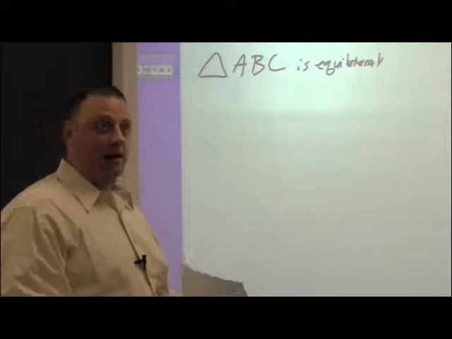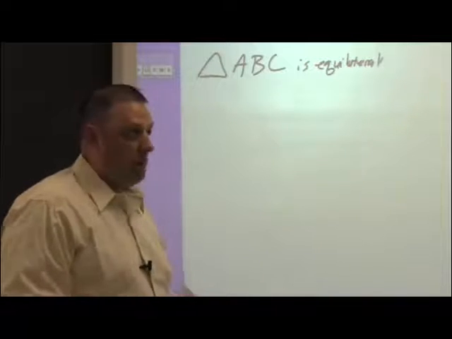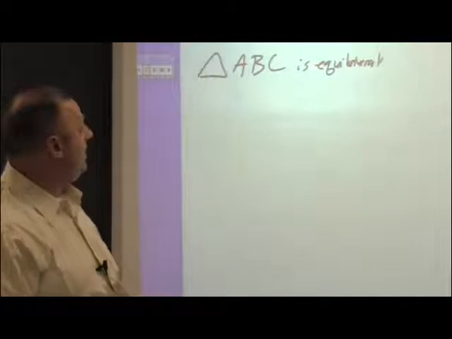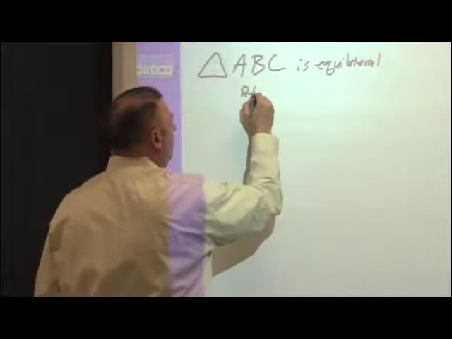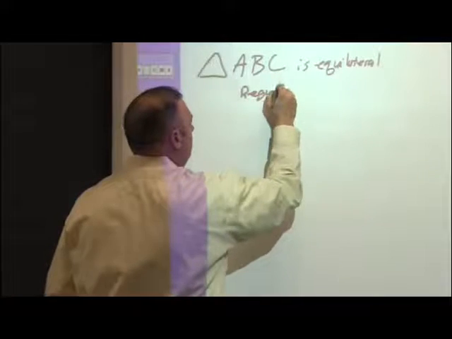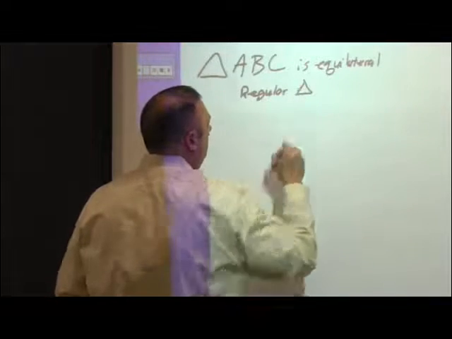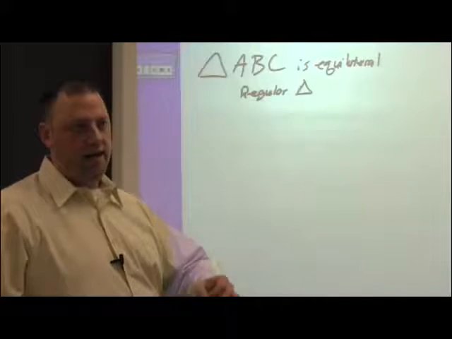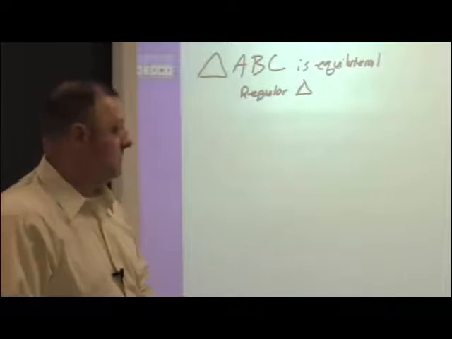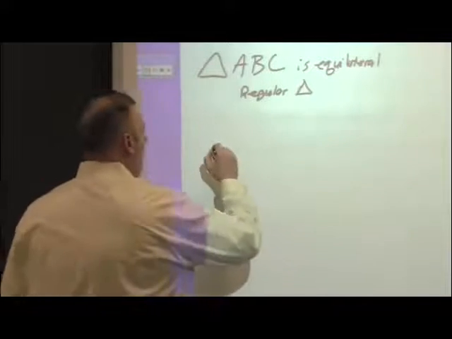That means that all angles are the same measure. Basically, what I'm trying to tell you is triangle ABC is a regular triangle. Regular polygons means all sides are the same length, all interior angles are the same measure. So let's start off with that kind of triangle.